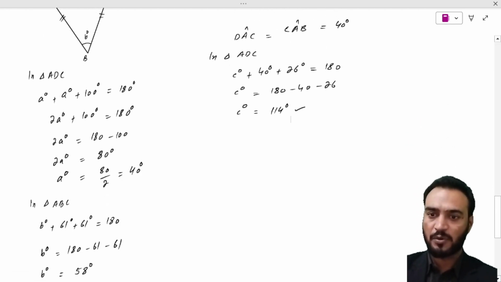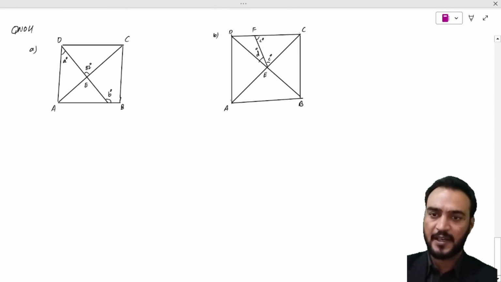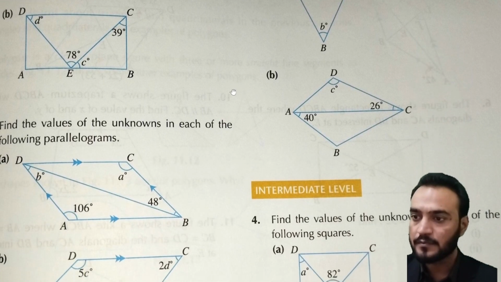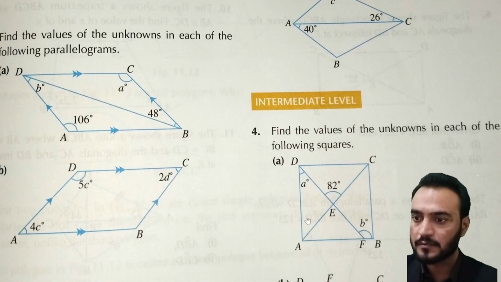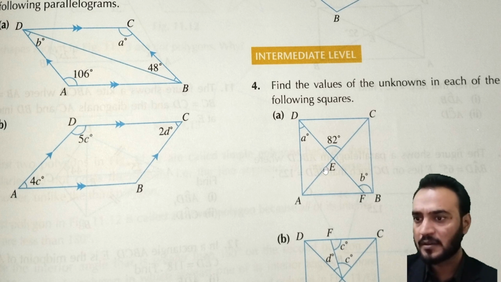Now let us solve question number 4. Question number 4, part A, is this one. Find the values of unknowns in each of the following squares. These are squares, and the diagonals in a square bisect the interior angle, and diagonals intersect at an angle of 90 degrees.